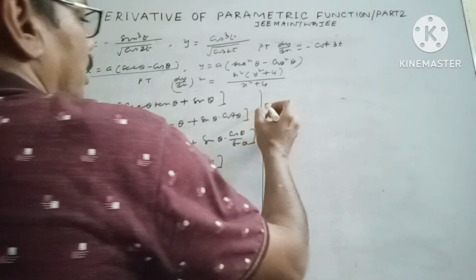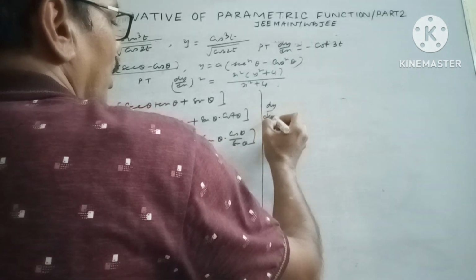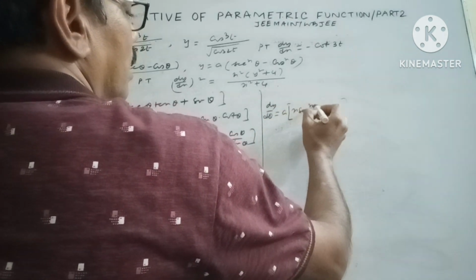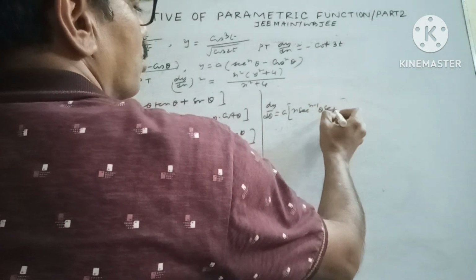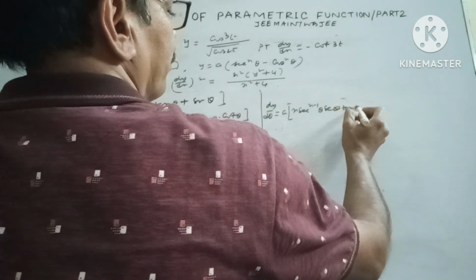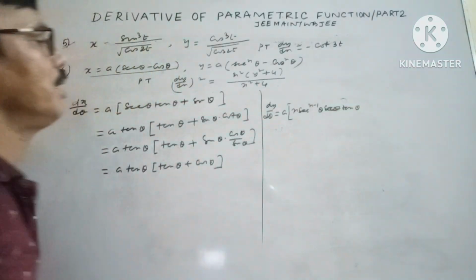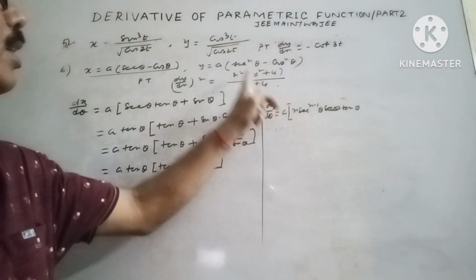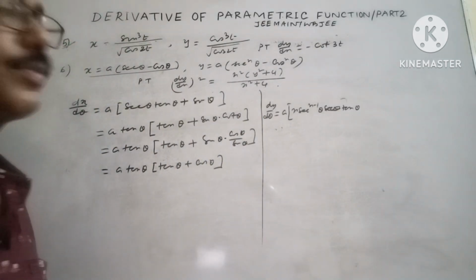Now dy by d theta: a into n sec to the power n minus 1 theta into sec theta tan theta. That is the derivative of sec to the power n theta: n comes forward, power diminished by 1, then the derivative of this.